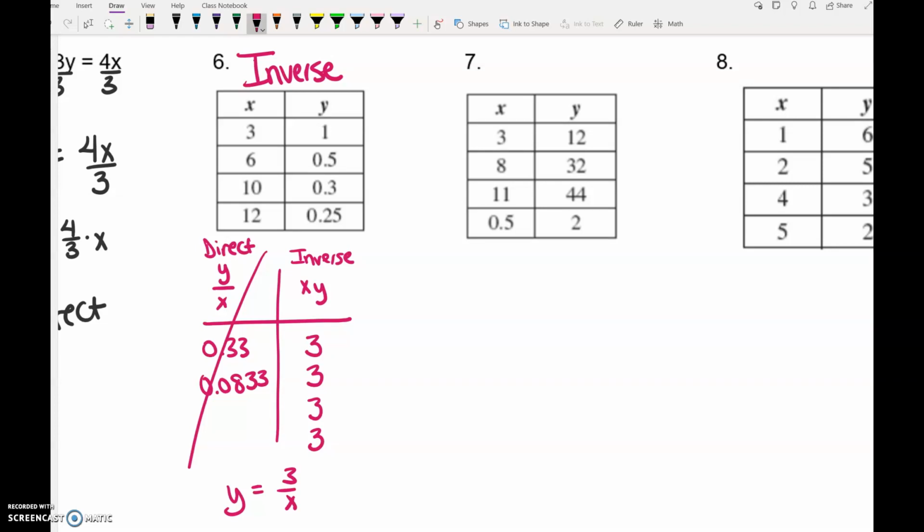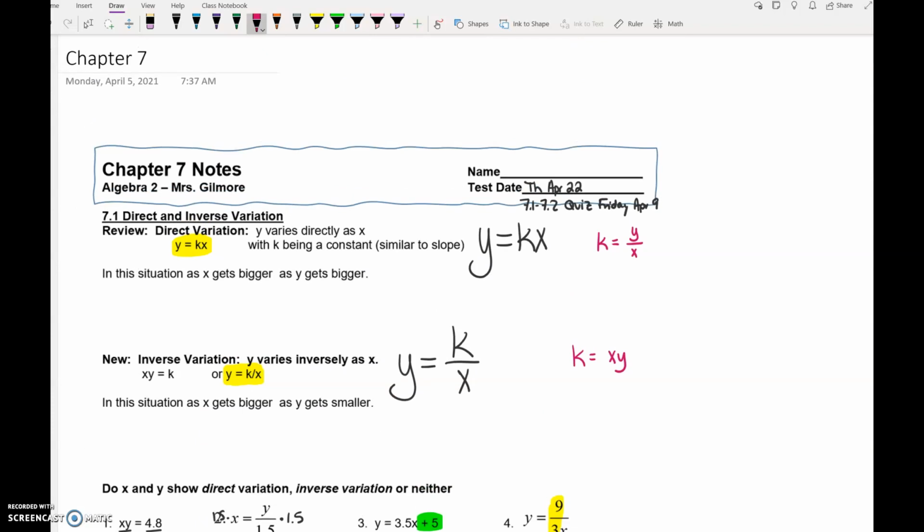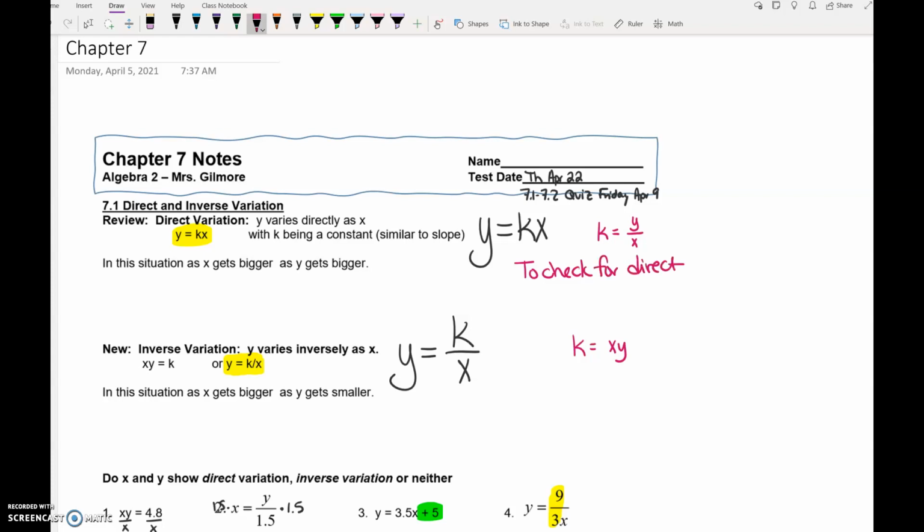So in number 7, first I want to check, is this direct variation? I check to see if it's direct variation by doing my y values divided by my x values. So I'm actually going to go back up to the top of my notes and say, to check for direct, do y divided by x.